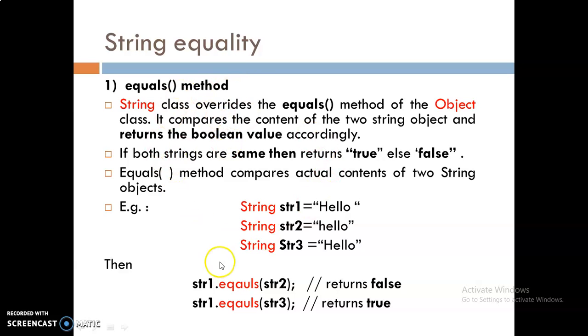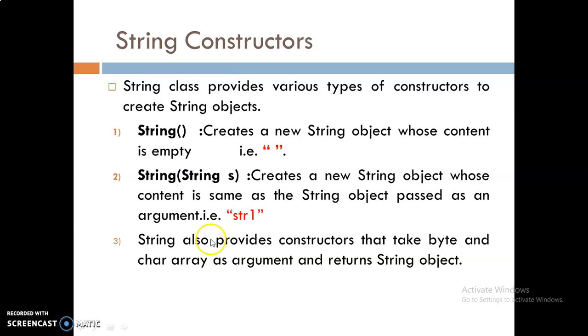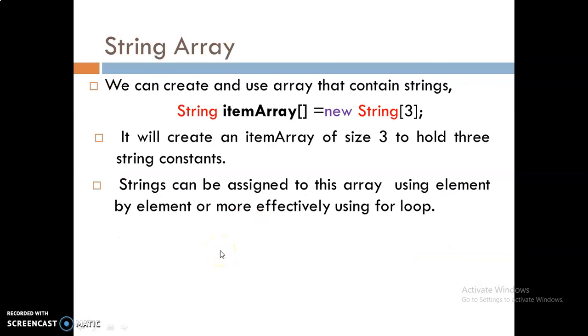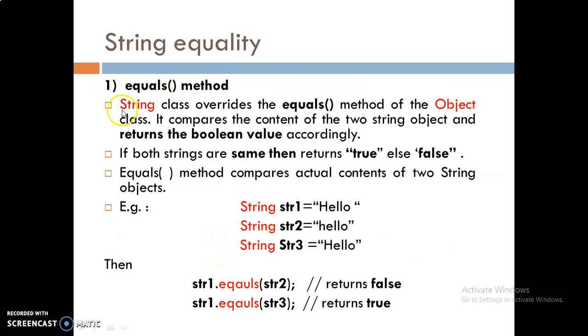String equality: for equality there are many methods. You can use the equals method to check whether two strings are equal or not. You can see here string1 and string2, and by using this inbuilt function equals, if string1 is equal to string2, then you will get the true value, and if it is not equal, then you will get the false value.